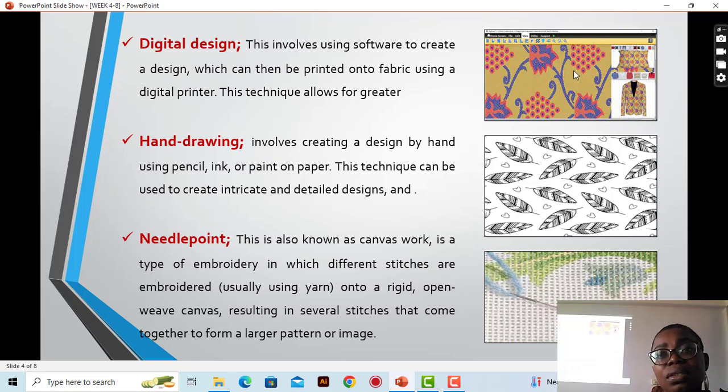Now, this fabric here is designed on the computer. You design on the computer, then you add your colors to the computer. There are so many software programs that have been designed for this purpose. However, you can also use Adobe Illustrator to create your fabric and add your colors to it on the computer.